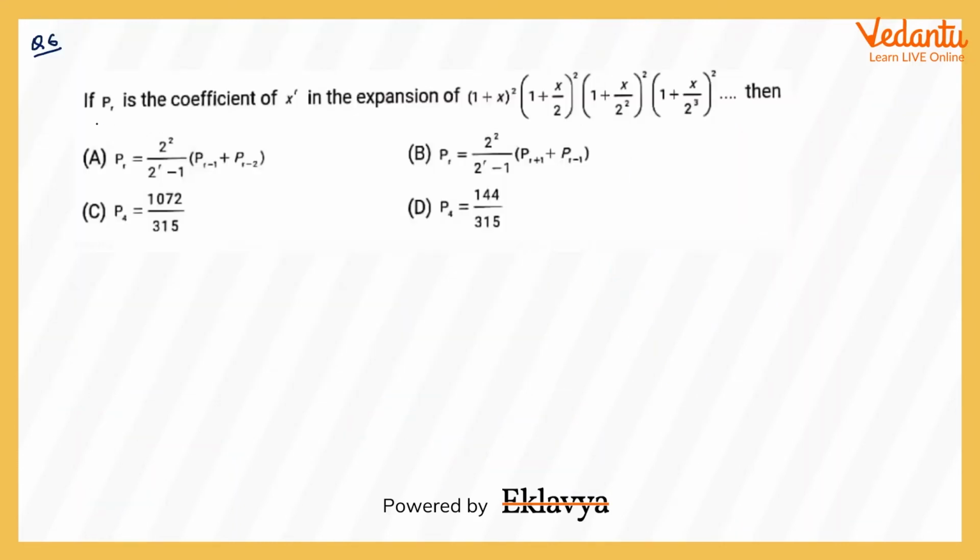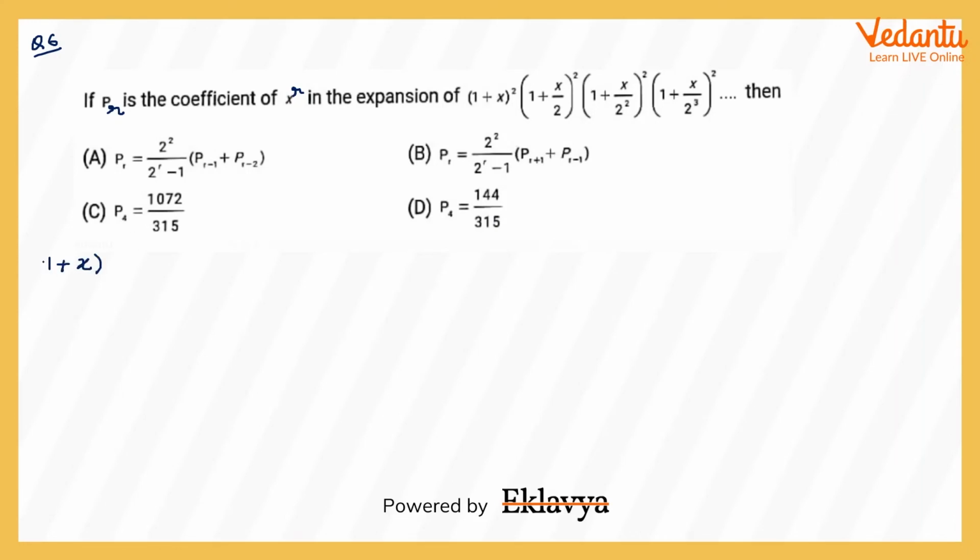Now coming to question number 6, which says if p_r is the coefficient of x to the power r in this expansion, then we have to find the value of p_r and p_4. Okay, now to do this question, please listen carefully.